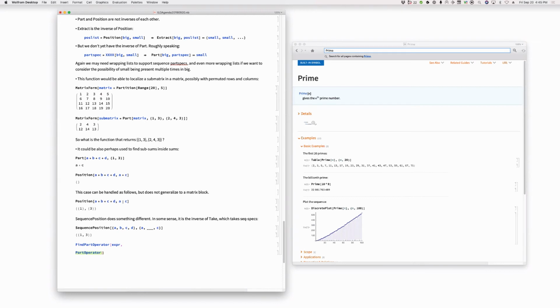Interesting. And if that operator could take sequences like part does, it would be general. Right, exactly. Then the part operator would be applied to an expression and would get that part.